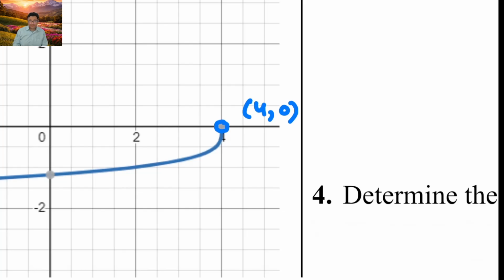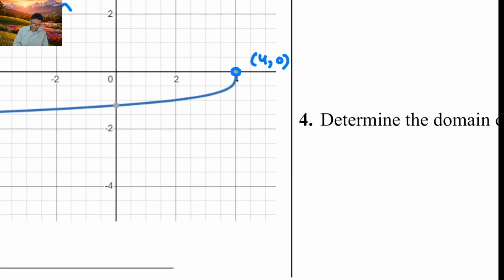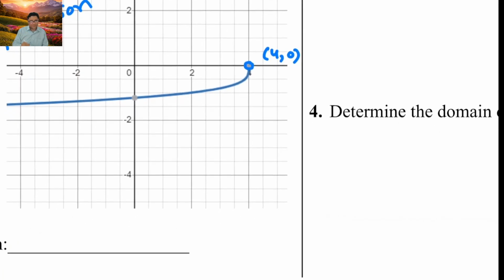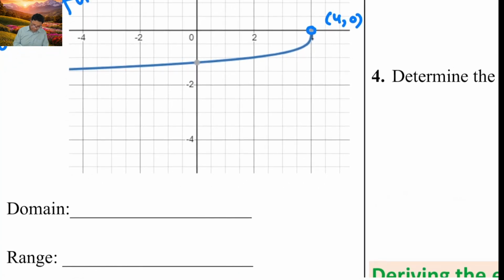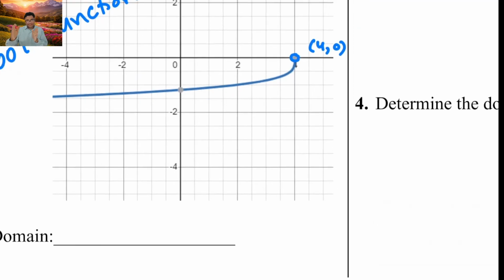It has not been specified. It doesn't look like a solid dot there, so I'm going with open. If that's open, then the domain is from negative infinity to 4, not including 4.